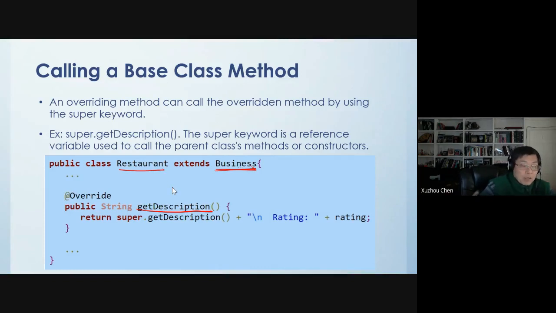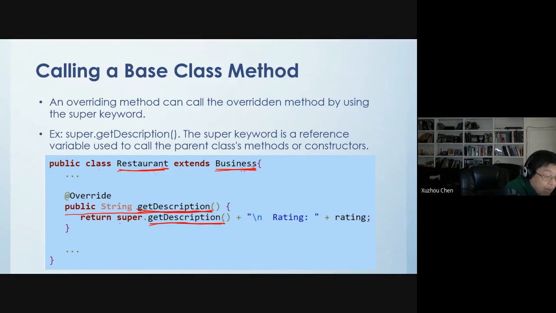This is a method you call to get the description of your business, defined in the base class. Now in the class restaurant, which extends business, I also define a method called getDescription. But if I want to call the getDescription in the base class, how should I do it?